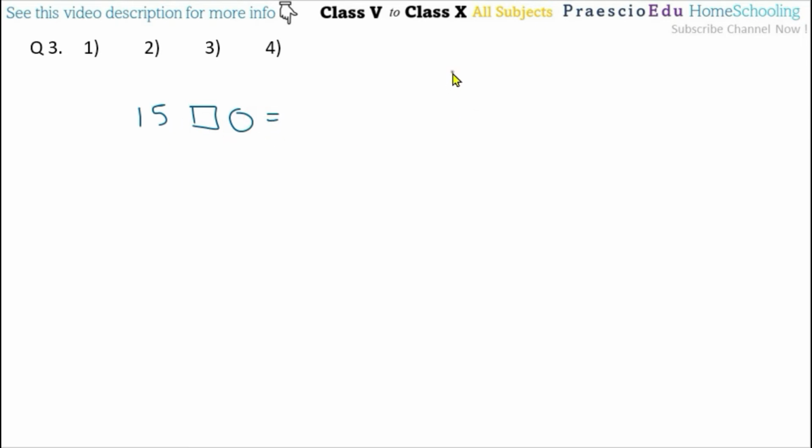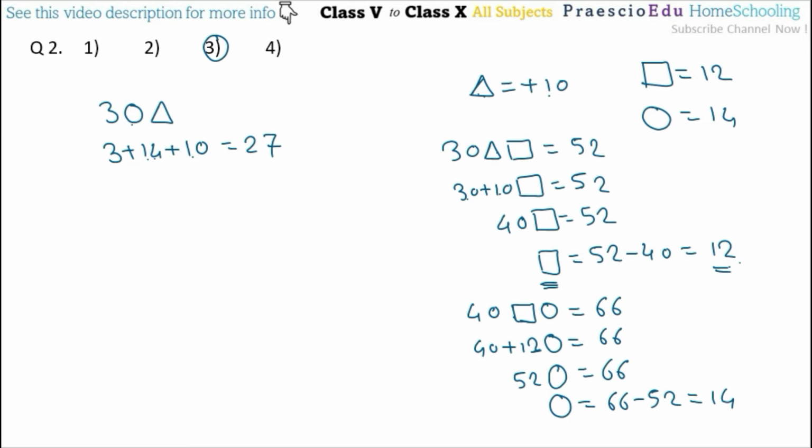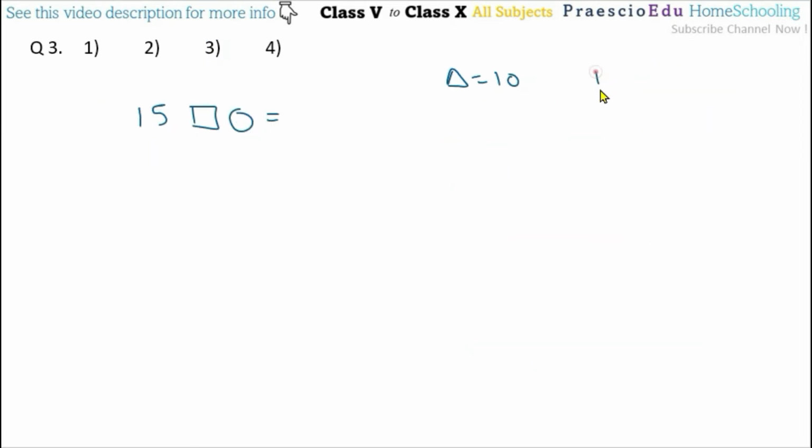As we know, triangle is equal to 10 already, square is 12 and the circle is 14. So as per this, 15 plus square 12 plus circle 14. So from this we are getting 41. So 41 is available in option number 2.